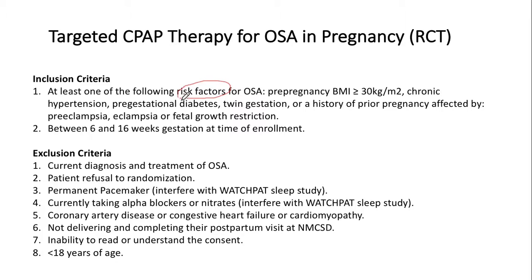And so by randomization, hopefully when we look at our demographics, the groups will be equivalent on these different inclusion criteria that we're talking about, meaning that there would be equal proportions with one of those prior histories. If not, then that could introduce a potential source of bias. But by doing randomization, there's an equal chance that the women would be enrolled in either one of the two groups.